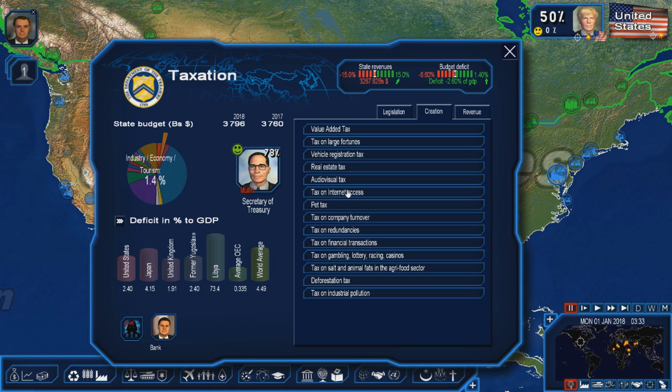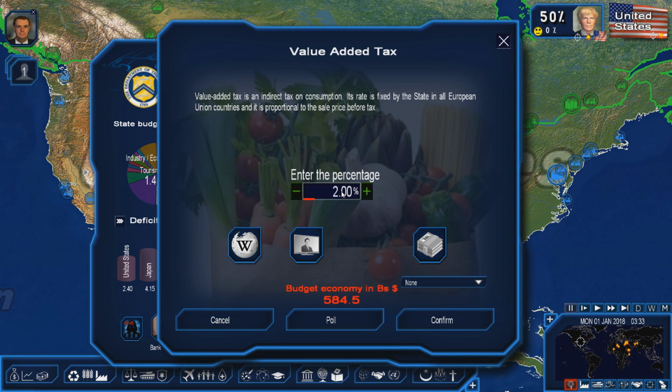So creating a federal value-added tax is the easiest thing you can do playing as the United States. You can come over here and put it to 5%. This is supported by Congress in the game, and it will generate $1.4 trillion of federal money. So again, this is the easiest way.